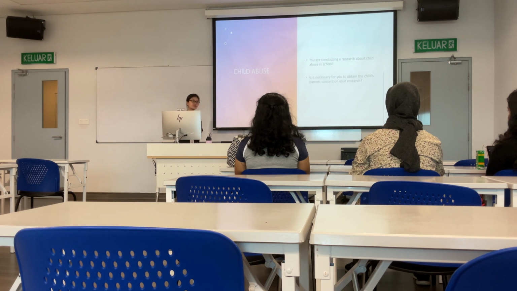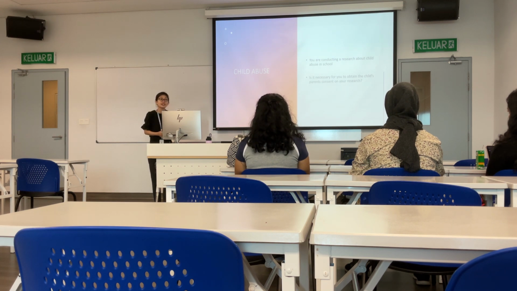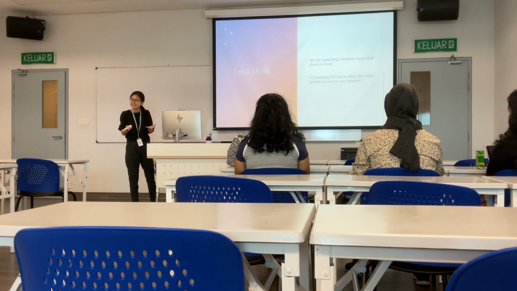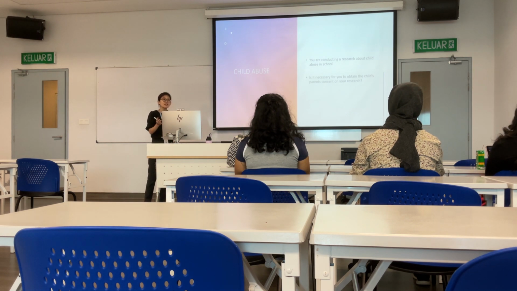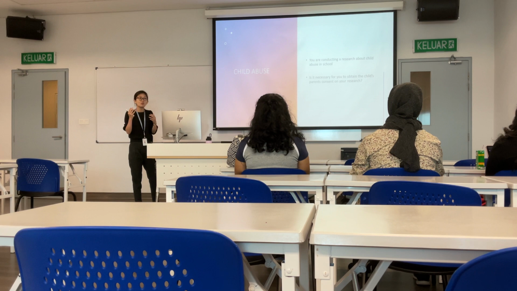Only child abuse? What are other examples? If you want to do a research study involving sexually transmitted disease, where certain children or adolescents do not want their parents to know about the situation.